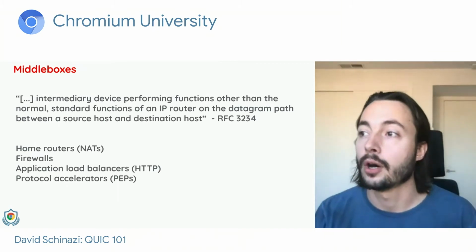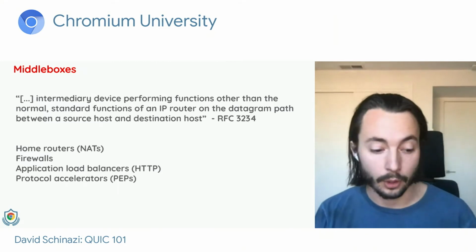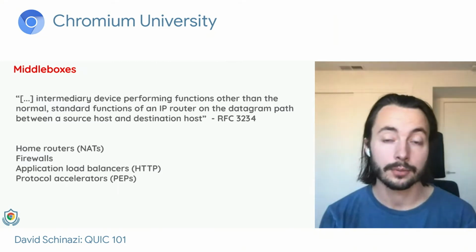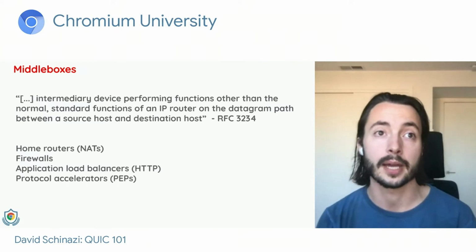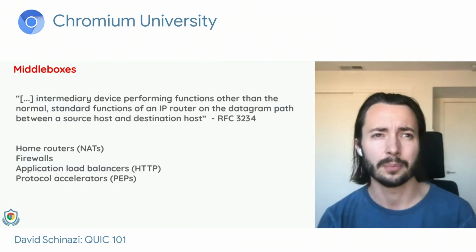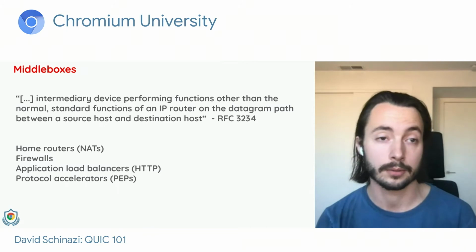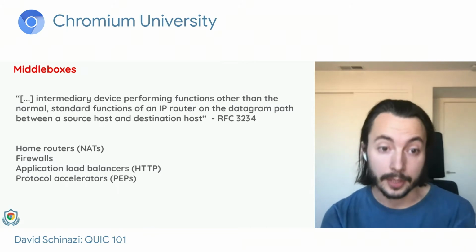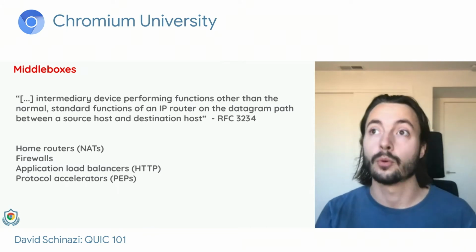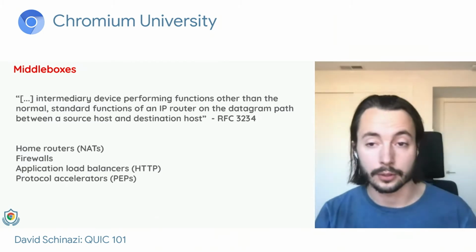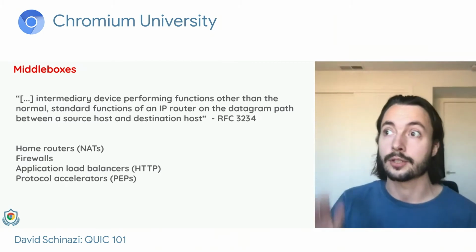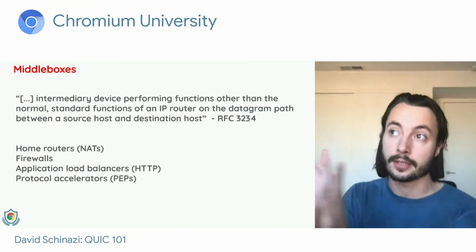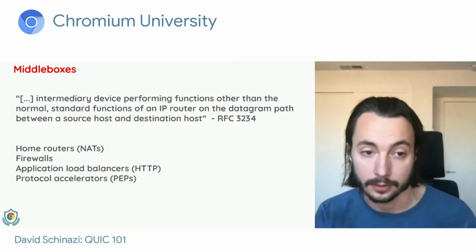Other examples of middle boxes are firewalls. So a security device that looks inside the parts of the packet to decide whether this should go through here or not. There are application load balancers. Often on the web, many servers deploy those, so when you talk to a server as a client, you're not actually talking to the backend, you're talking to a front end, which then load balances between multiple backends.